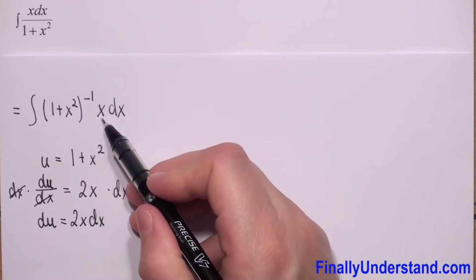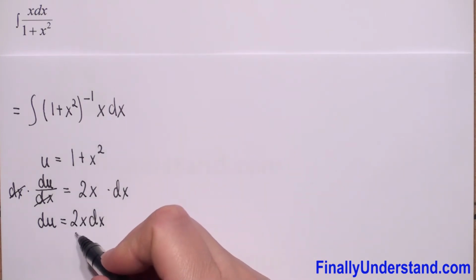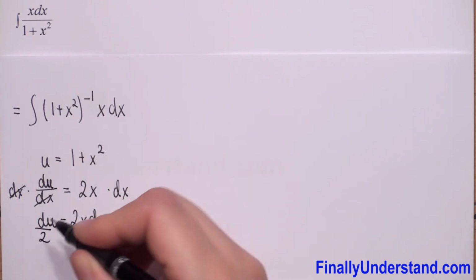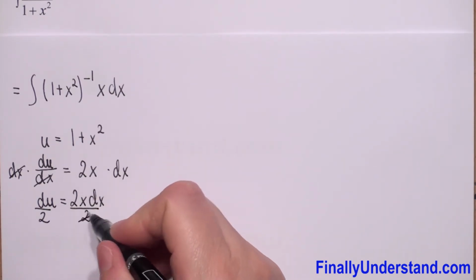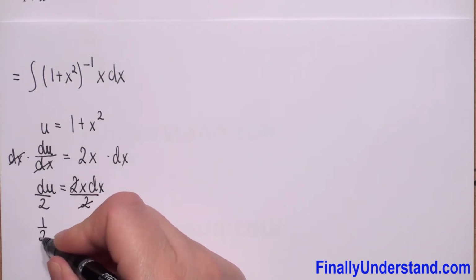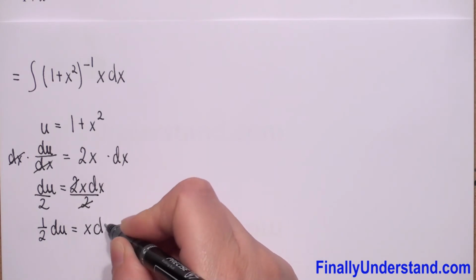Because we have only x dx here, I will divide both sides by 2 now. So we can reduce 2 and 2, and we have 1/2 du is equal to x times dx.